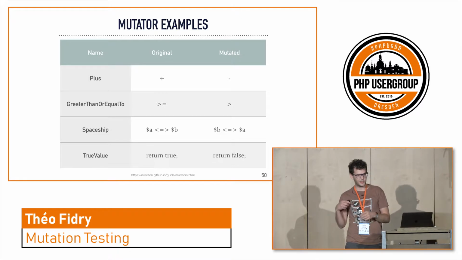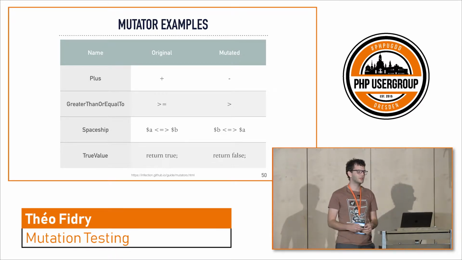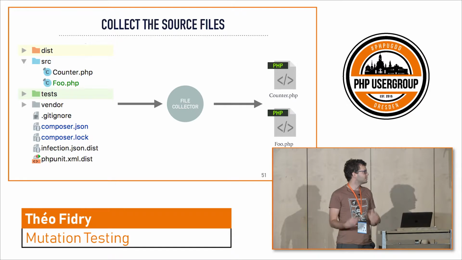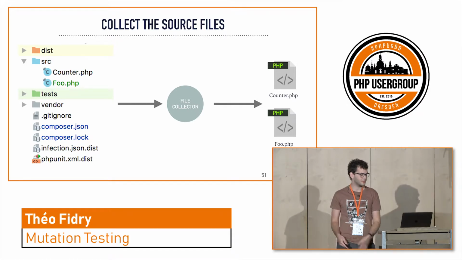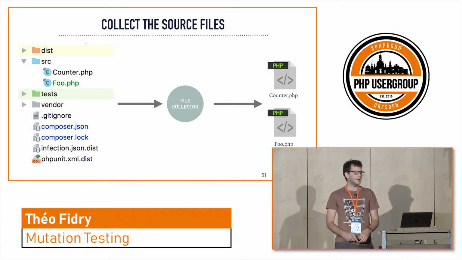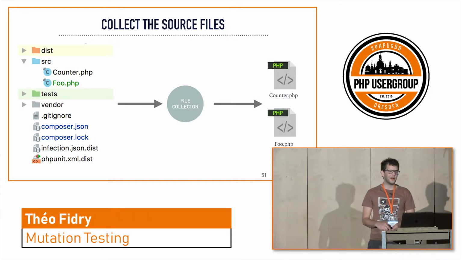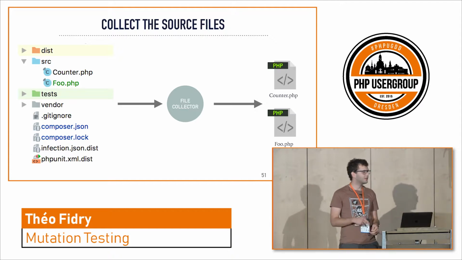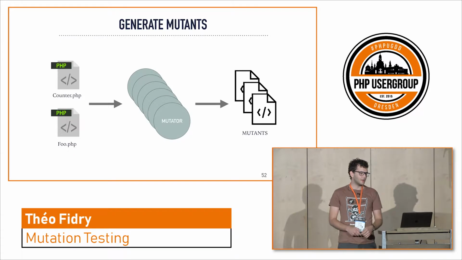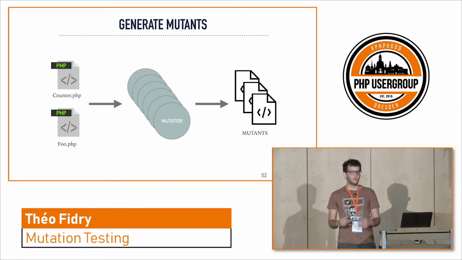So how does a mutation testing framework work? You have your project with source code, tests, vendors, and others. The framework has a file collector, and it collects your source code files. Then it has a list of built-in mutators, those files go through those mutators, and from that, mutants are generated.